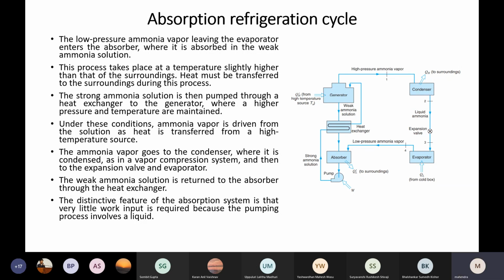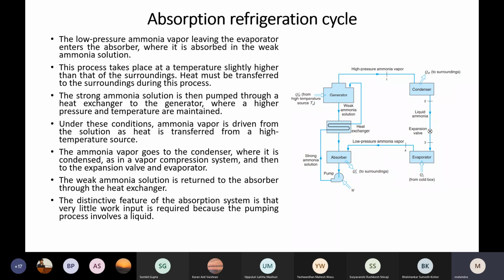If you reduce the pressure, even at room temperature, it will change to the vapor form. That means if you are able to change the temperature and pressure accordingly, the fluid itself changes its phase and works as the refrigerant.